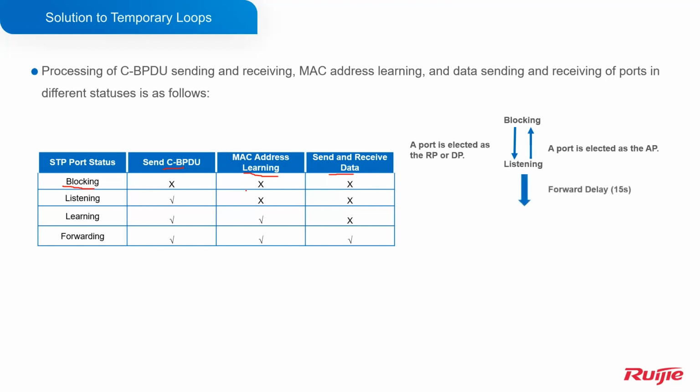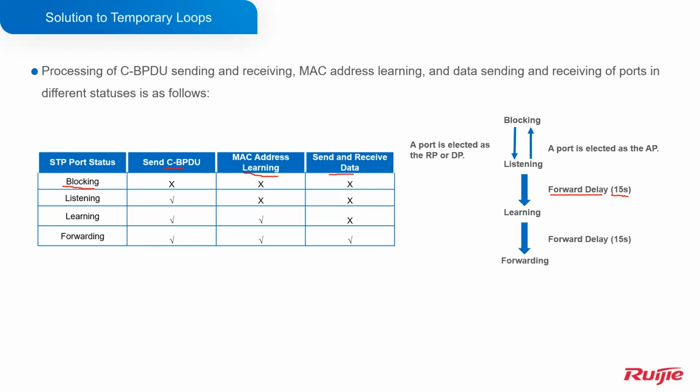Next after the listening state is the learning state. To get to the learning state, the port should wait for a forward delay. Forward delay is a timer, which is 15 seconds by default. It means that switching from listening to learning takes at least 15 seconds, and from learning to forwarding, there is another 15 seconds.